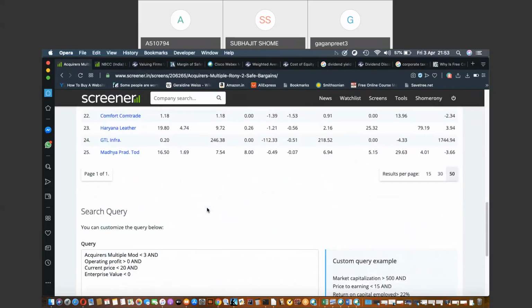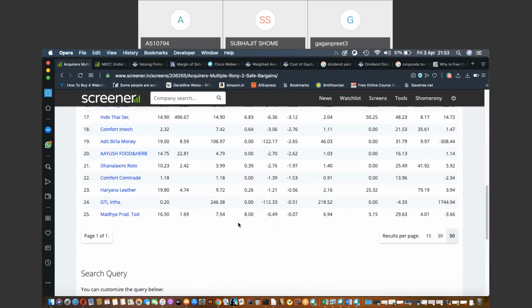See, what is the second highest? GTL Infra. So GTL Infra, homework for both of you. For GTL Infra, I need intrinsic value calculation with both the methods. So, Gagandeep, I think.